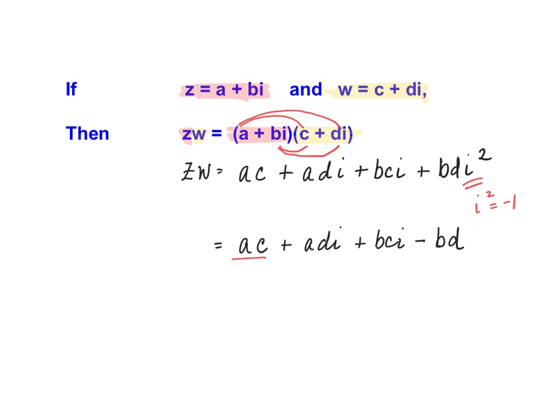Now the only thing we can do to make that a bit simpler is to regroup, and let's put our real parts together and put our imaginary parts together. So the final solution here would be ac minus bd plus, and I would usually group these into brackets because ad plus bc is the coefficient of i.